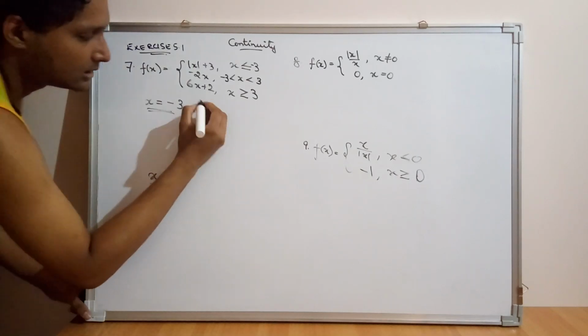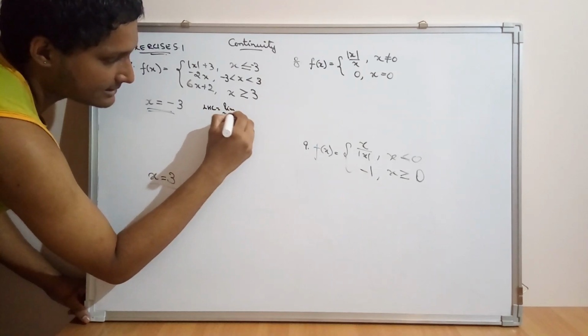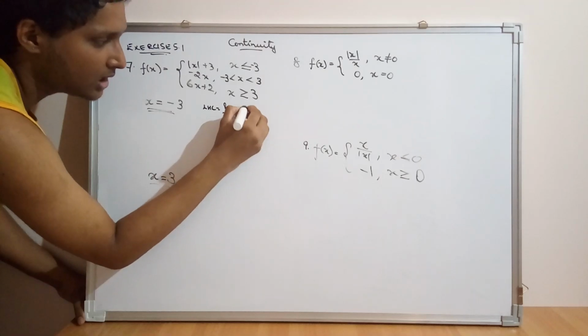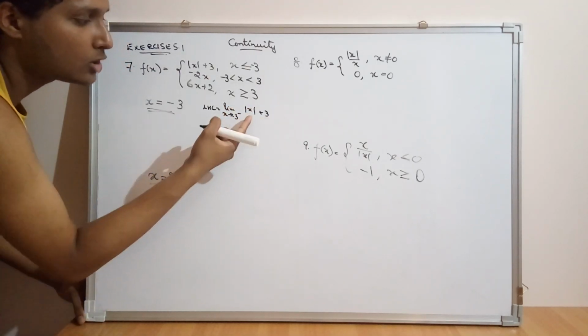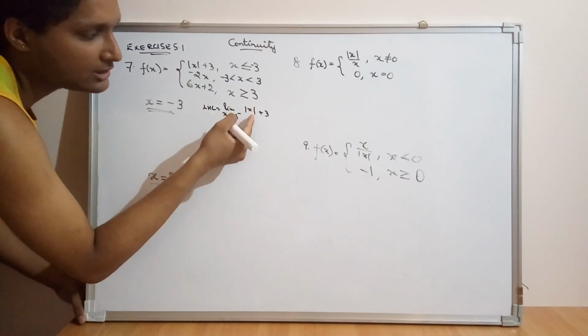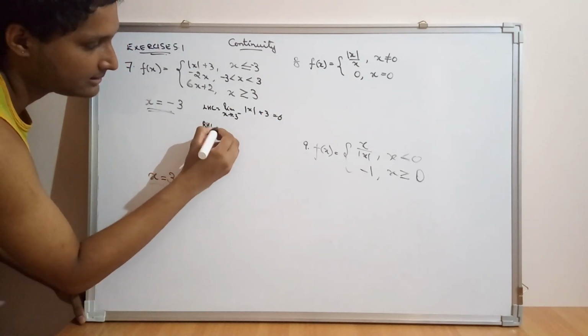So the left hand limit is going to be limit x tending to -3 minus, it is going to be modulus value of x plus 3. Okay, the modulus value of x is going to be 3 itself, so 3 plus 3 is going to be 6. What is the right hand limit?